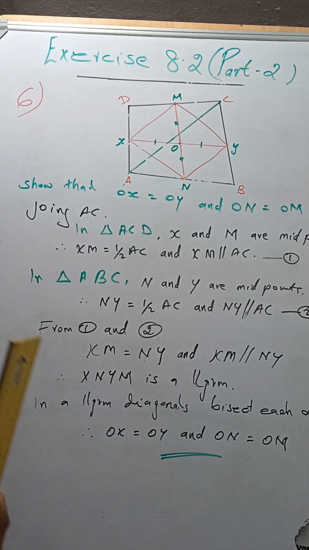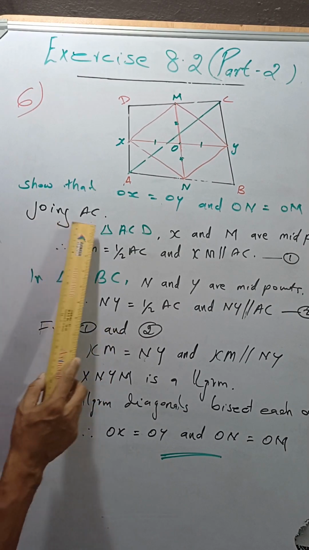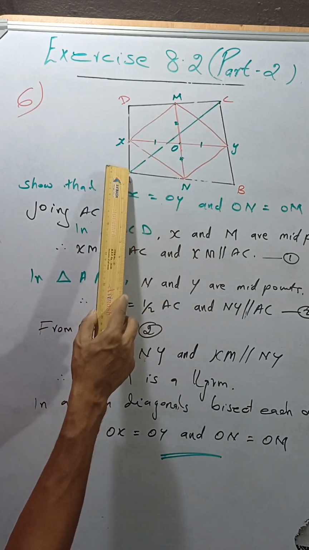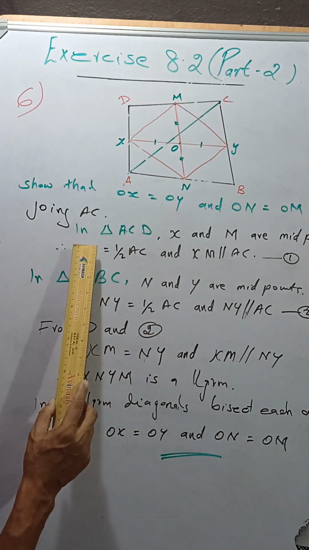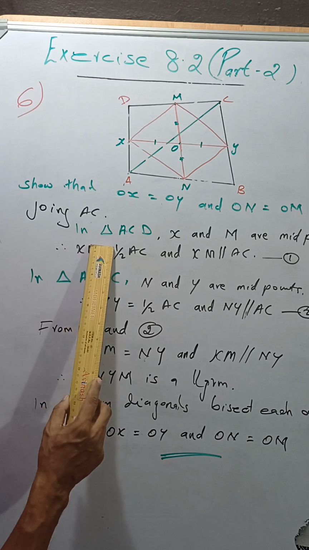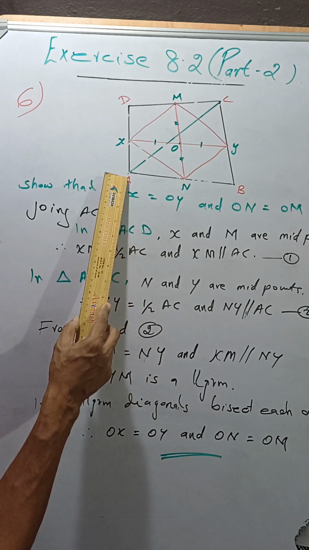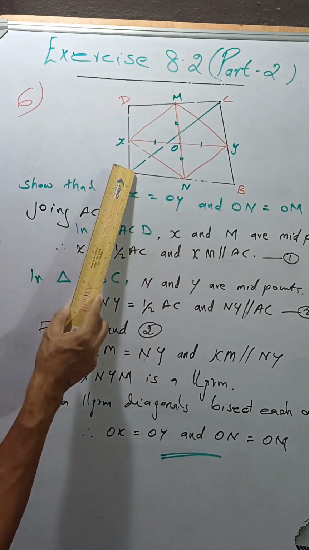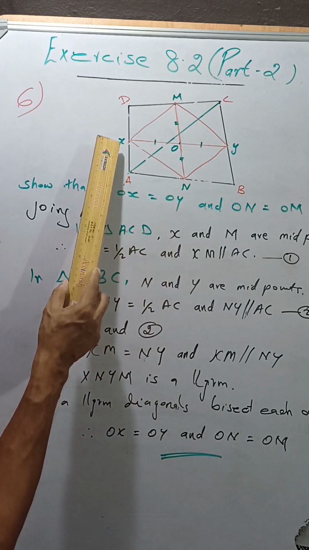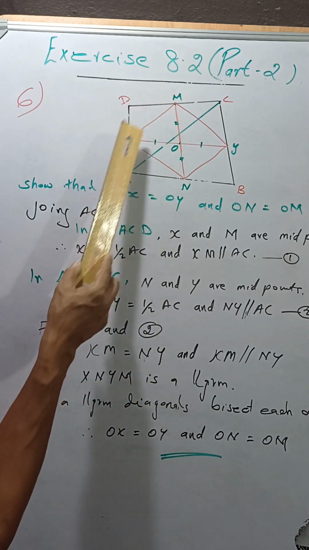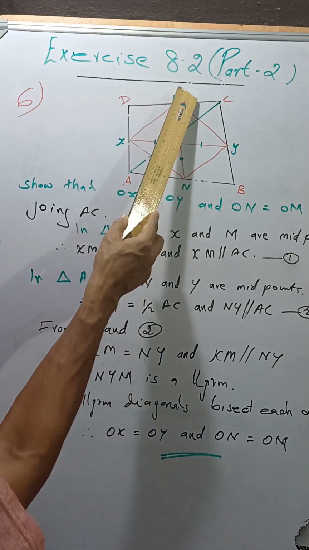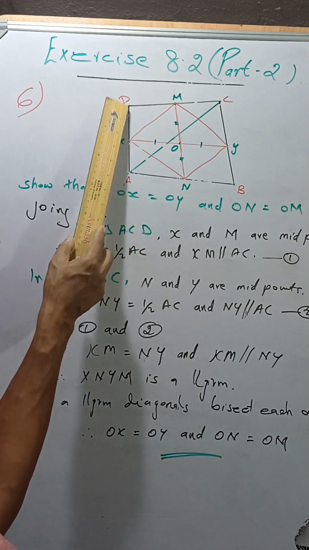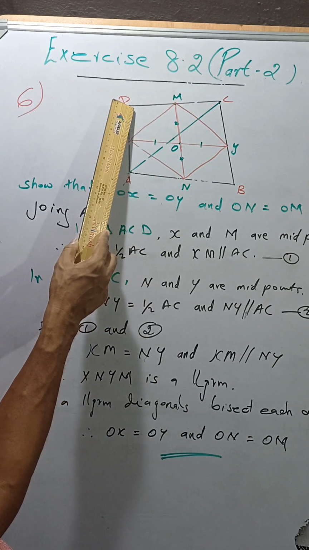Here we are doing one more construction, joining AC. Then we are taking triangle ACD. In this triangle, we know that X and M are midpoints of the sides AD and CD.